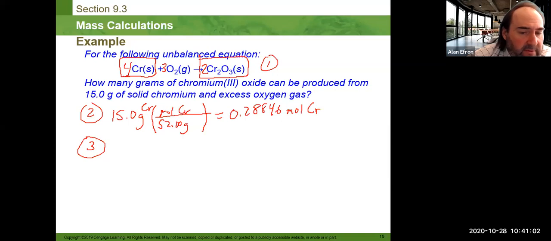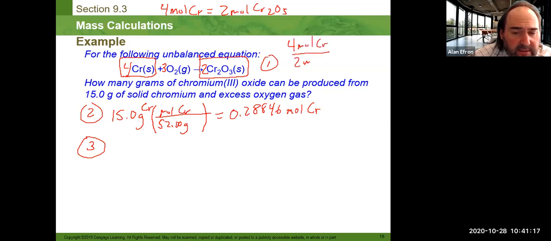From the balanced equation, we can see that there are 4 moles of chromium for every 2 moles of Cr2O3. That gives us, as we talked about last time, 2 conversion factors that we could use. One looks like this, and the other is the opposite of it, where we have our 2 moles of the Cr2O3 over our 4 moles of chromium.